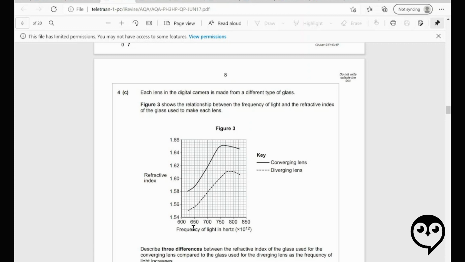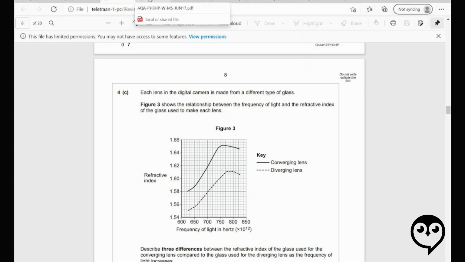So its reaction to an increase in frequency of light means a slightly higher rate of change to get to a greater refractive index. That is a greater slope. And you could say that the peak, the maximum for the converging lens, occurs at a lower frequency. It's at about 750, whereas the peak for the diverging lens is maybe 780 or something.